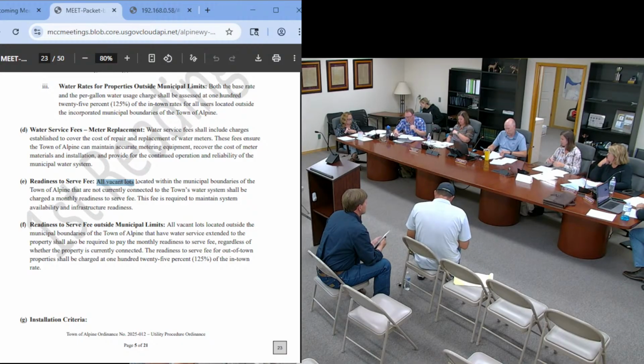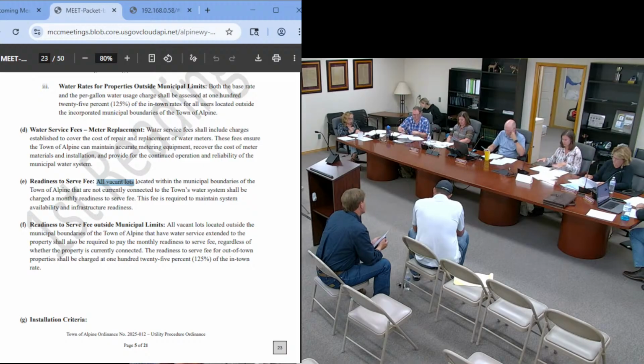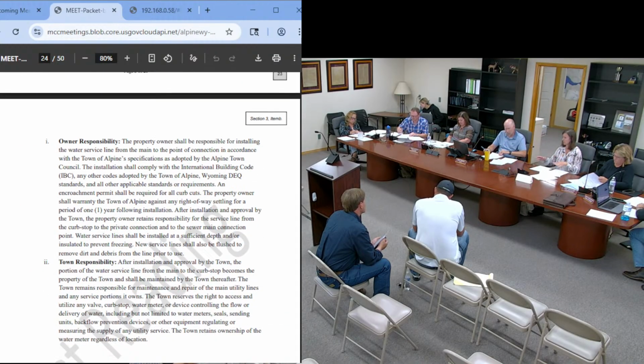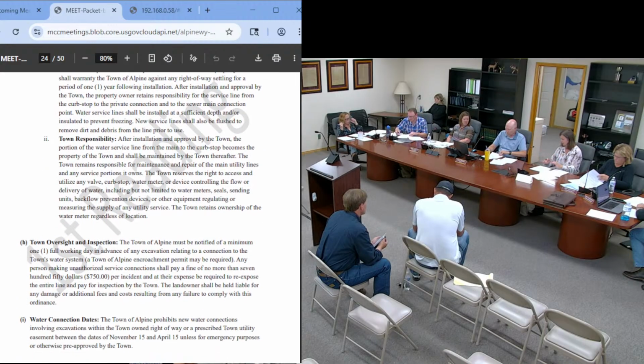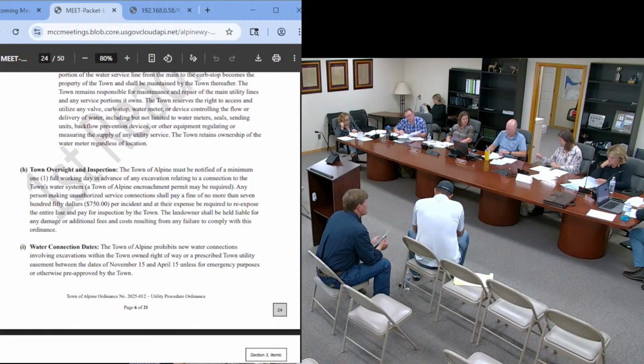It seemed like there was some conflicting language throughout the document. Thank you for that, Kat. And then there's another spot too where it talks about lots that are connected and have an account set up. So there were three different languages. I don't have it right here, but I can get it for you. So just to clarify that. Yep, we'll take a look at it.